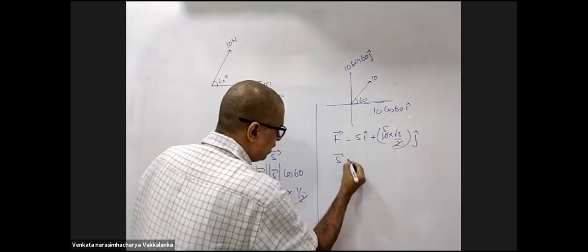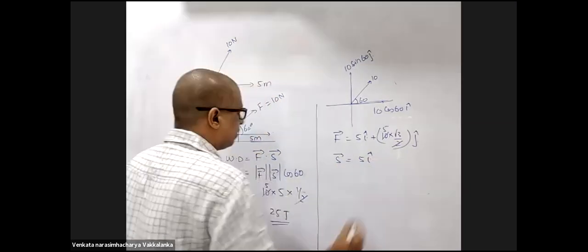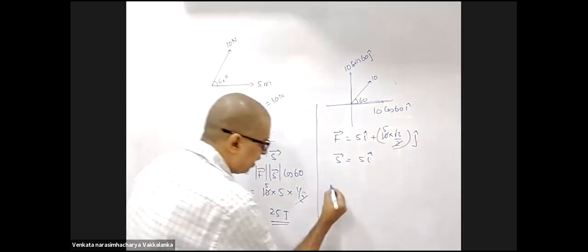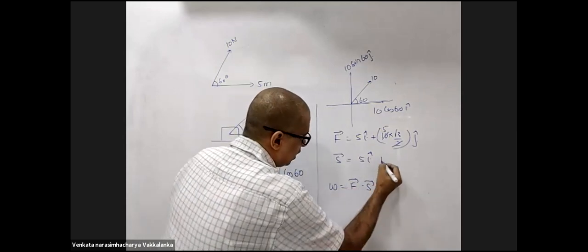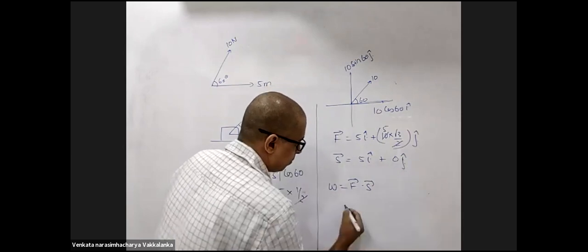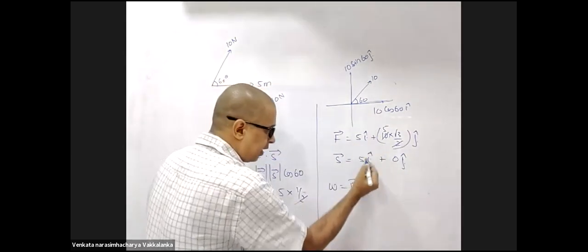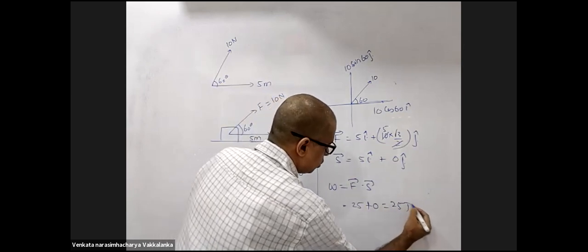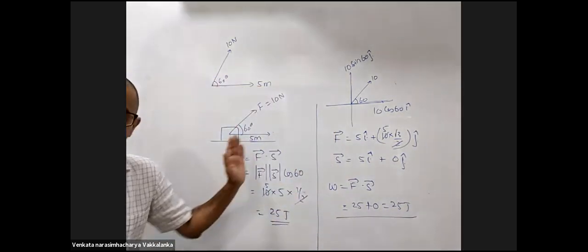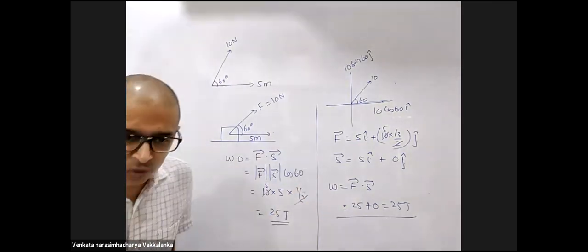And what is the displacement? 5 I cap, plus 0 J cap. Now if I take work done, this will be force dot displacement. Can you do the dot product? 25 plus 0 is 25 joules. Are you able to see the two sides of this point?